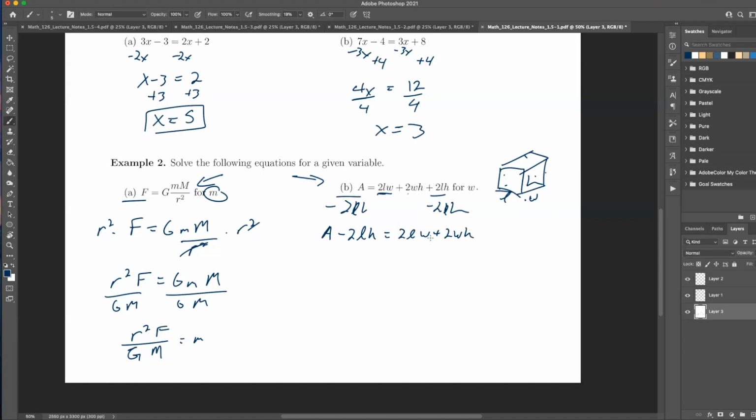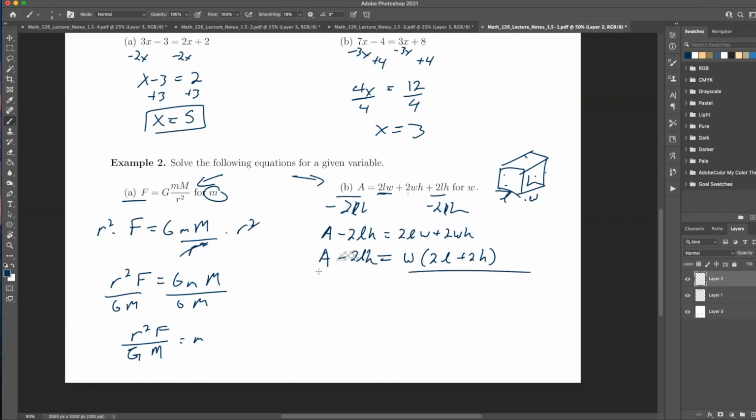Now, the next thing I want to do is I want to factor out the W. I'll just use a ditto mark. W is equal to 2L plus 2H. Let me not use the ditto mark. Woo, I'm on the wrong layer. That's fine. A minus 2LH. Come on the right layer.